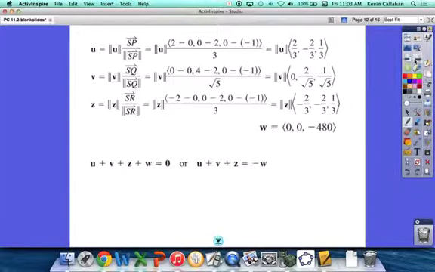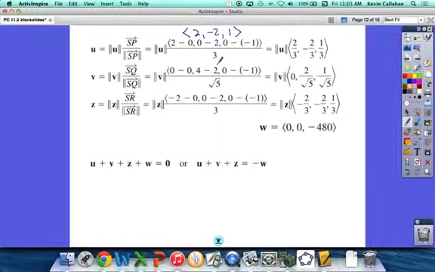So this component form of the vector, I'll just write it here: 2, comma, negative 2, comma, 1. Right, that's what this math is right there. So when you find the magnitude of that, it'll be the square root of 2 squared plus negative 2 squared plus 1. 4 plus 4 plus 1 is 9.